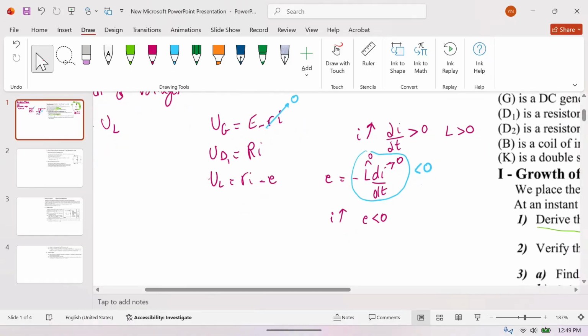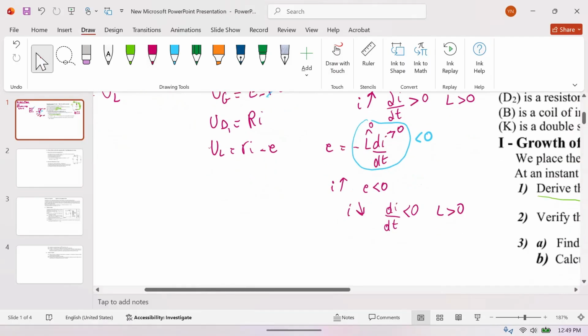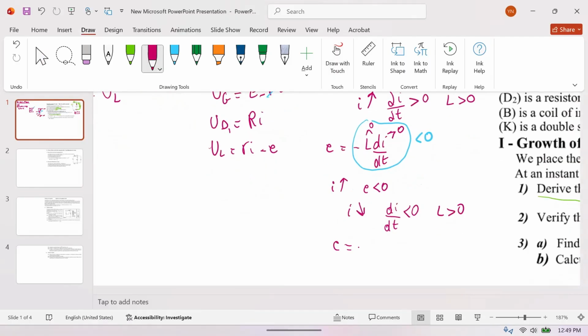Now, when the current decreases, you have to understand the meaning of the formula, not only write it. If the current is decreasing, then di over dt should be negative, a decreasing function. And L is always positive. Now, in the formula E equals minus L di over dt, di over dt is negative, L is positive, and with a negative sign in the formula, we have minus, plus, and minus.